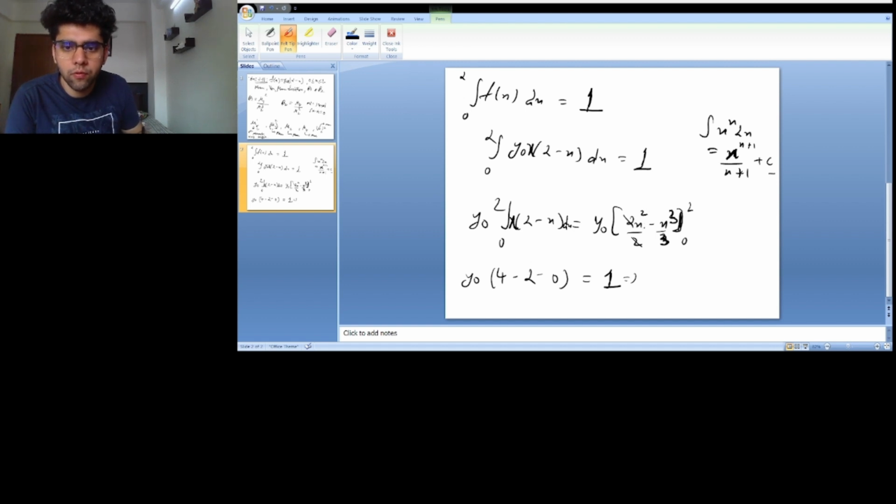I will be having 4 here, and then the whole cube of 2, this is 8 minus 8 by 3, 4 minus 8 by 3, this is 8 by 3, minus 0 is equal to 1. So 12 minus 8 is 4, 4 by 3 y naught is equal to 1. This implies y naught is equal to 3 by 4.